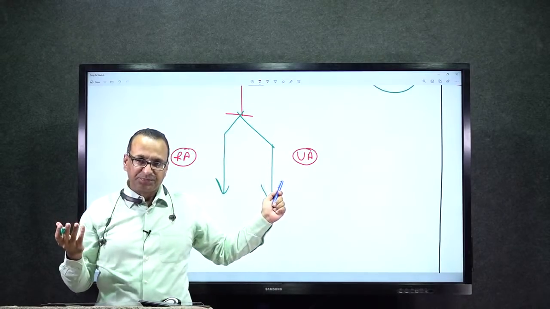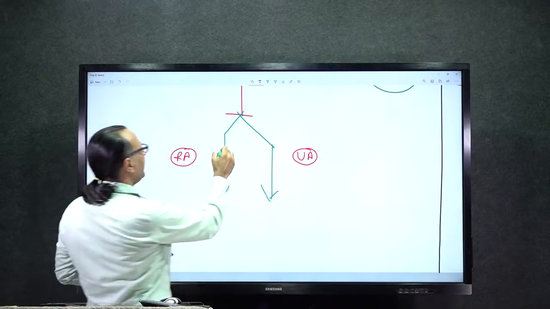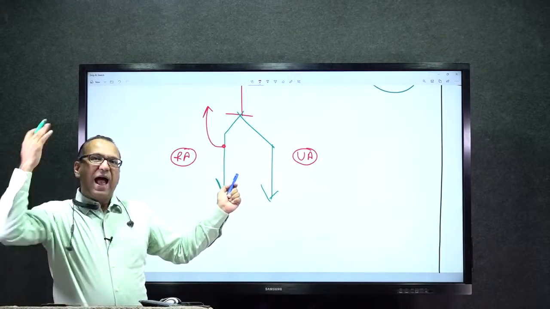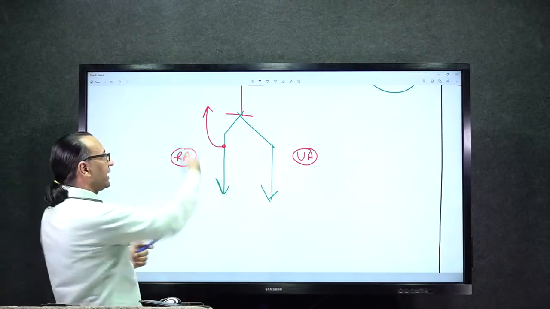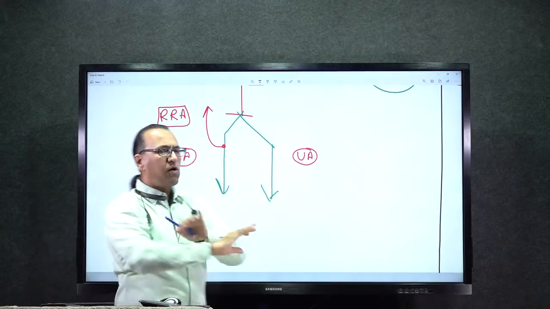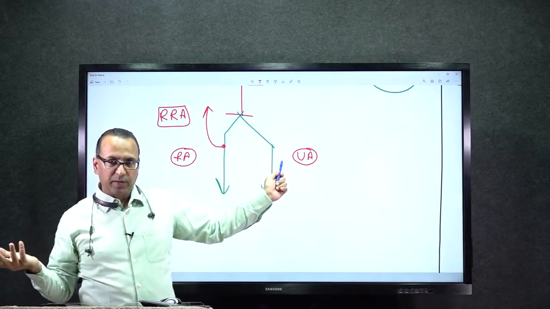Now tell me, which branches were given here? The radial artery gave only one branch, and what was the name of that branch? Coming back towards the elbow. So what is this? Recurrent. What recurrent? Radial recurrent artery. Otherwise, all the arteries which you see here are given by the ulnar artery. So which branches did the ulnar artery give?